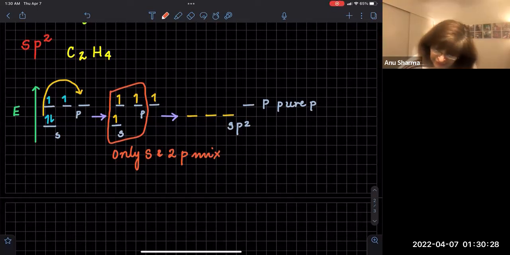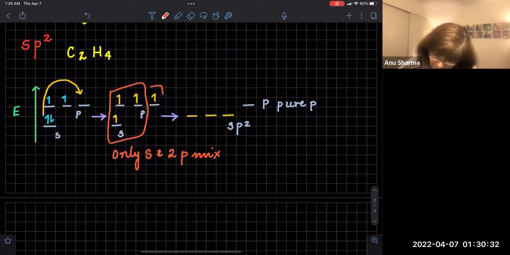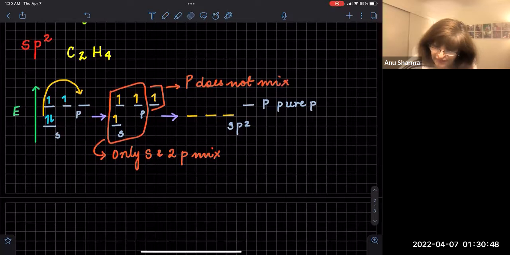Now, there is another thing that did not mix. These two mix, but this P does not mix. And as a result, this P remains as a pure P.